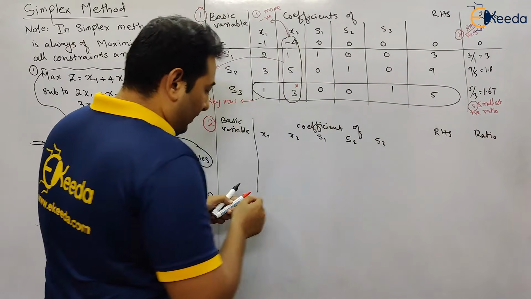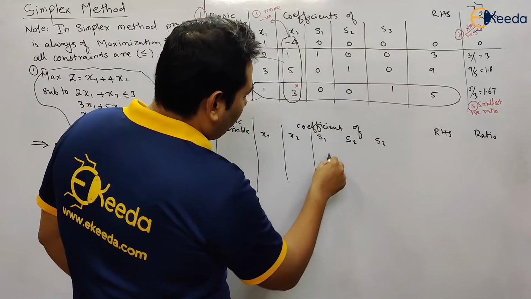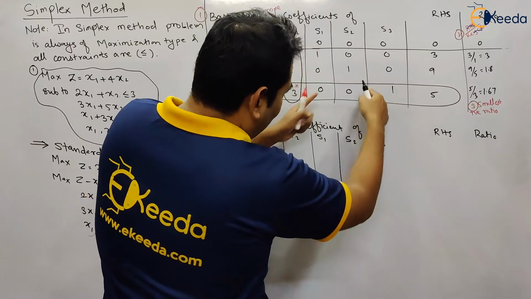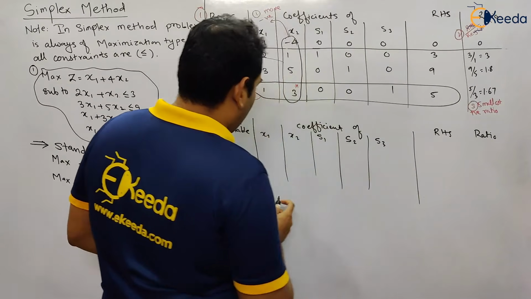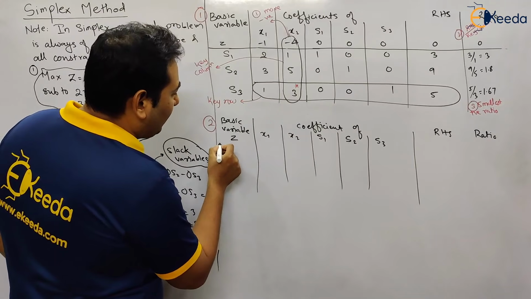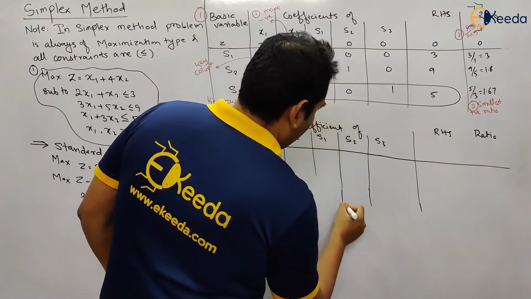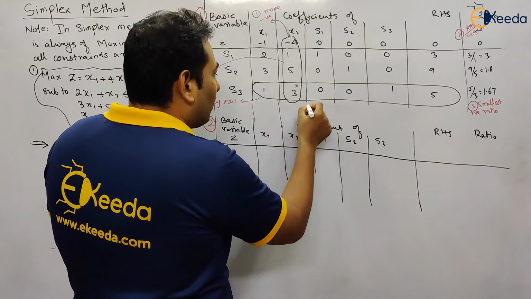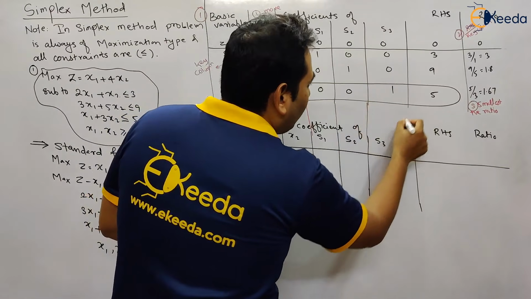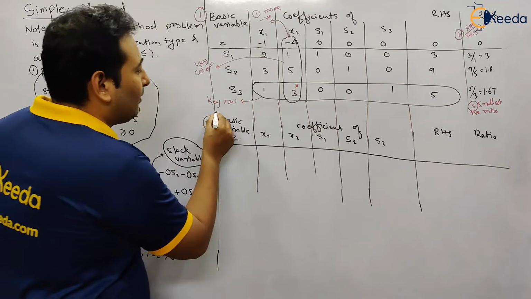Similar heading I am writing here so that there will be no confusion. See here, exactly the same columns I am making, and here there is Z and here there is a line. Actually we need to join this so that you can copy down the data properly. Yes, now we are ready with the next table.